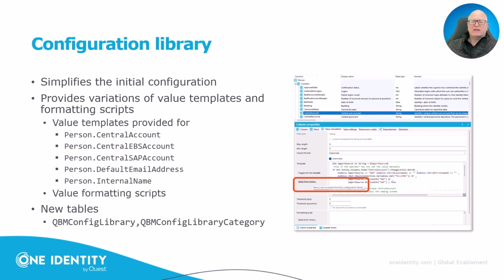And to make that a little bit easier to use, we have now for these value templates not only the option to use the default or create something custom. Additionally to that, you can now select out of a bunch of templates which implement a different behavior. So you have not one script for creating a central account or an internal name.